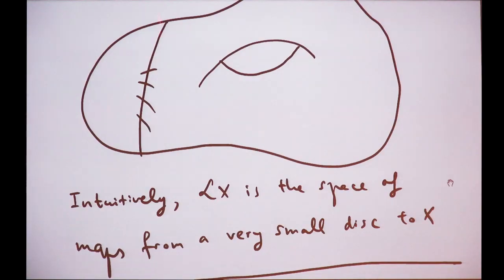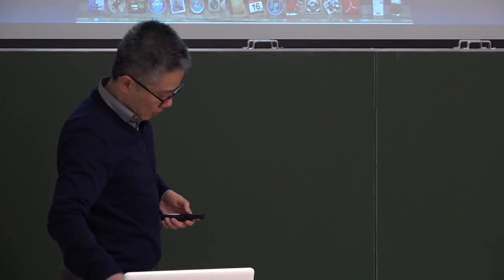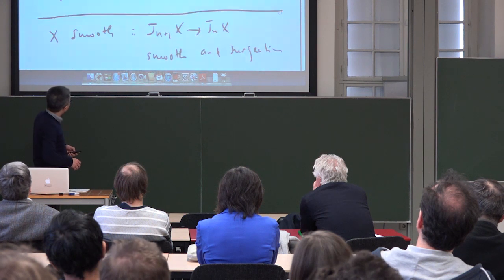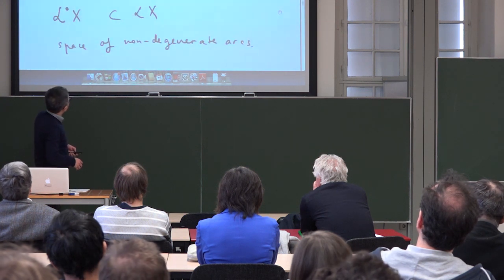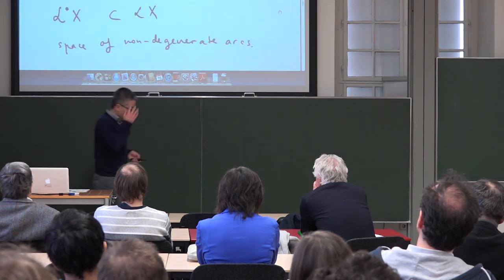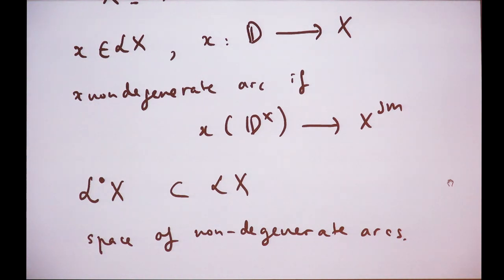Let's think that this thing is the singular part of the variety. I only want arcs that are allowed to intersect the singular stratum, but are not entirely inside. So they're called non-degenerate arcs. And we are not there yet, but we want to understand, for example, the perverse sheaf on the space of non-degenerate arcs.